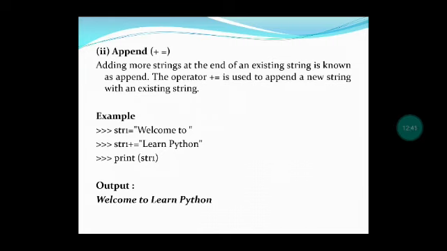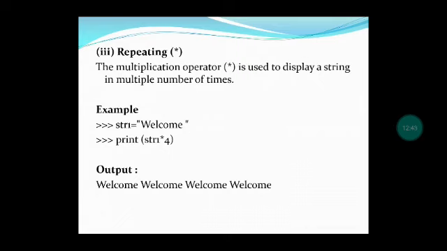Next string operator is repeating. This repeating operator has been used as a compulsory question in last year's public examination. This star has been used. In the compulsory question it came. So star means it is a multiplication operator. The given string can be multiplied a number of times. However many times you give, that string will be multiplied.